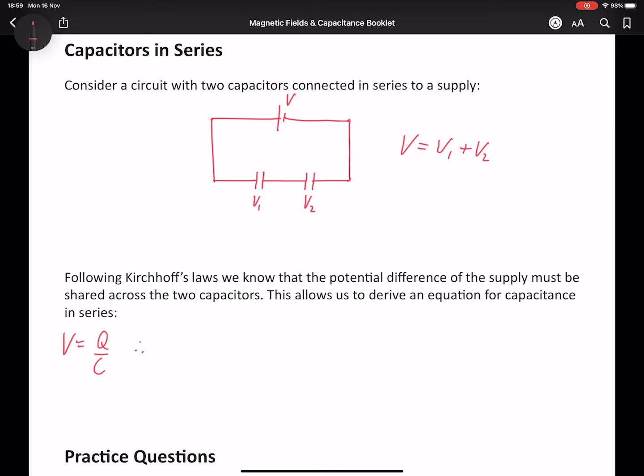Therefore, it's pretty easy to understand that Q over C for the whole of the series setup is going to be equal to Q1 over C1 plus Q2 over C2, etc. continued for as many as you have positioned in series.